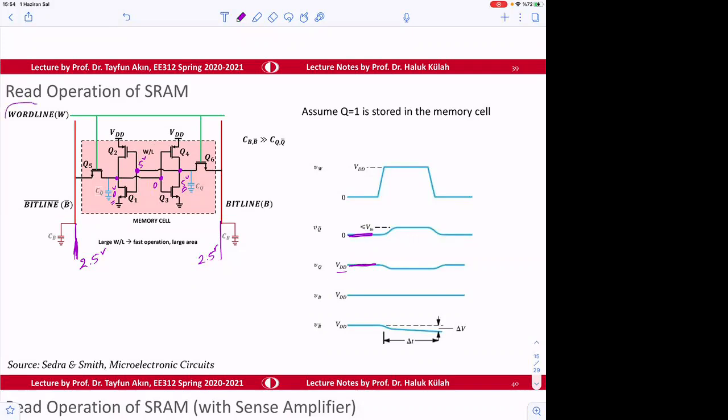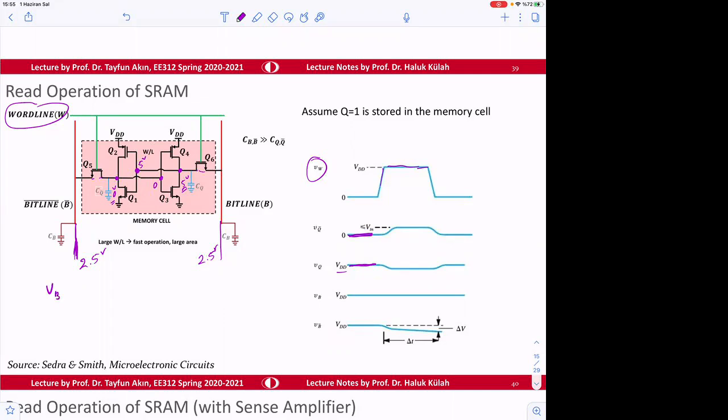So when the word line is selected, what happens is that this becomes short and this becomes short. Therefore, the bit line final voltage is going to be, again, based on the total charge. Let me do this again, maybe write it nicely.